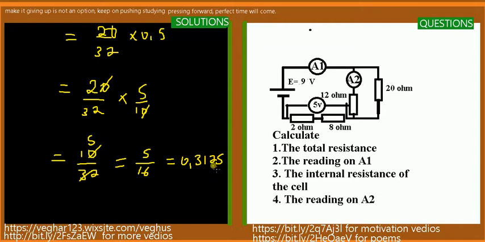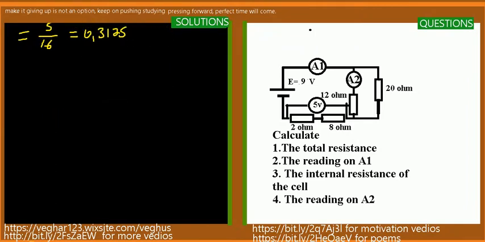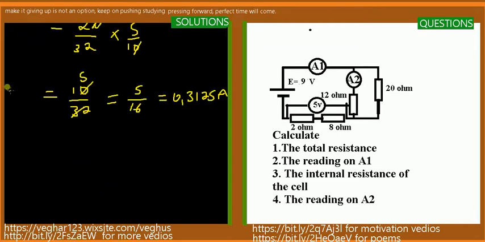So when we check the other one, this is the current that we find on I12, the current that will be on A2. It will be 0.3125.